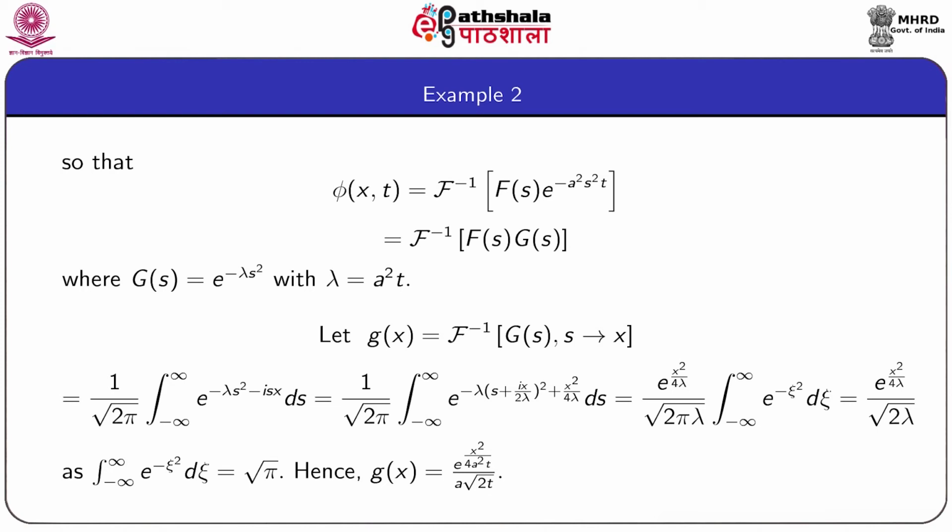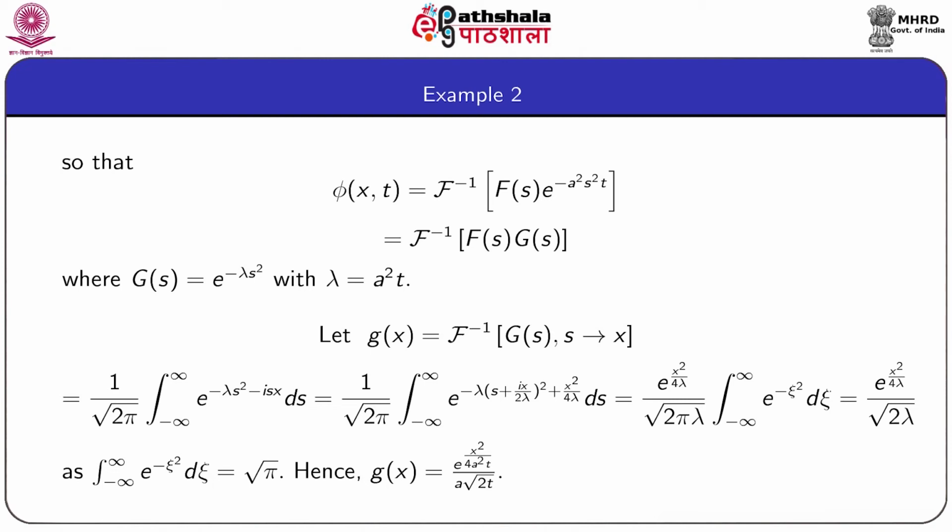Here we have adjusted this power of e in this form, so that small g(x) is equal to e to the power minus x square by 4 lambda divided by root over 2 lambda pi integral minus infinity to plus infinity e to the power minus xi square d xi.